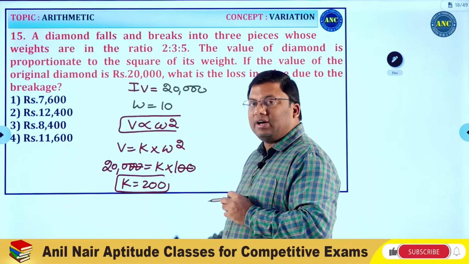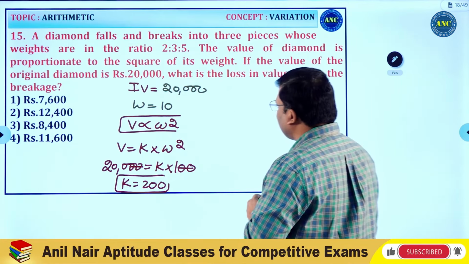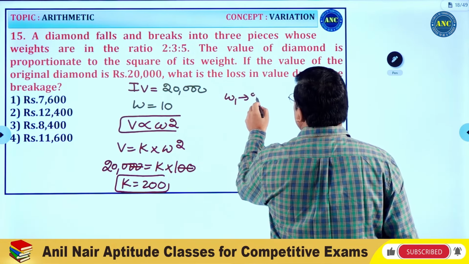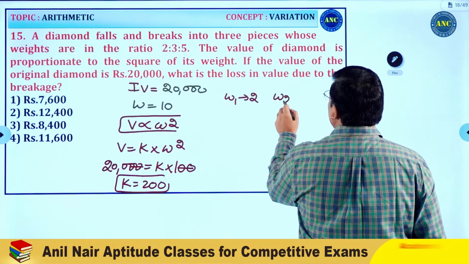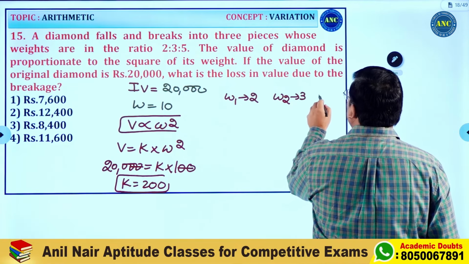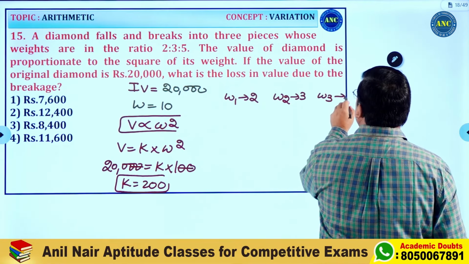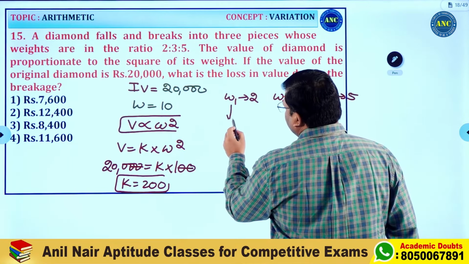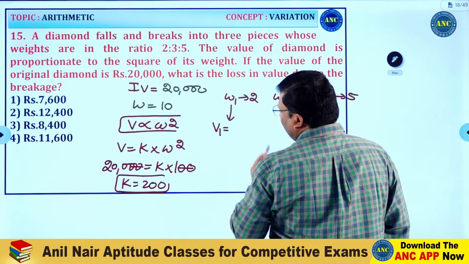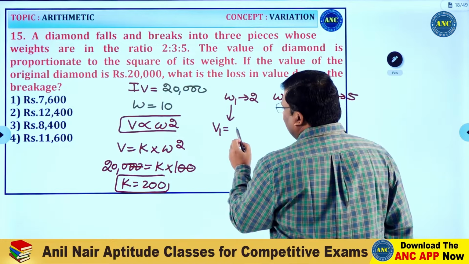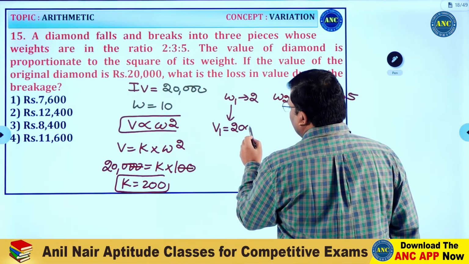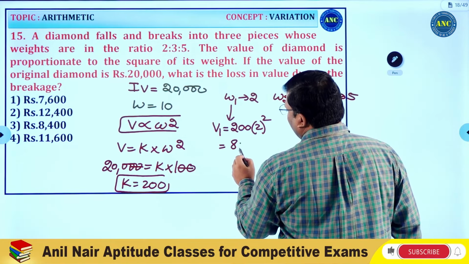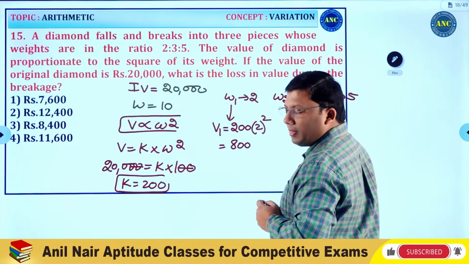Now it has been broken into 3 parts. W1 is 2, W2 is 3, W3 is 5. So V1 will be 200 into 2 square, 4 into 200, 800.